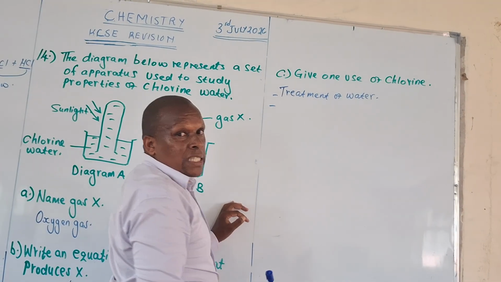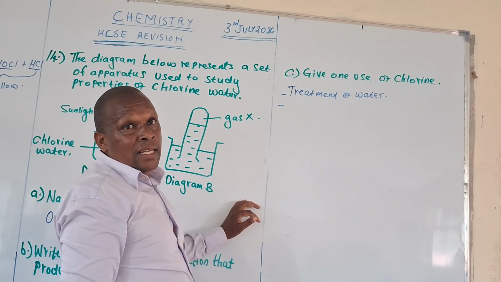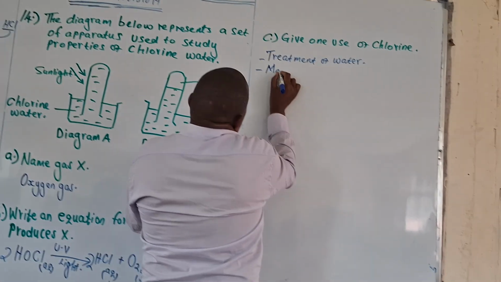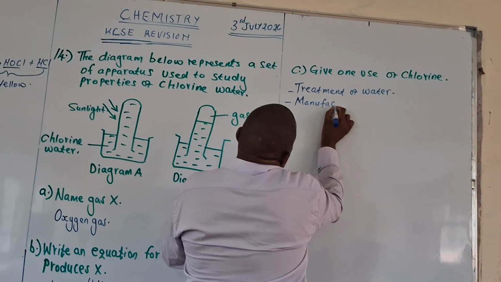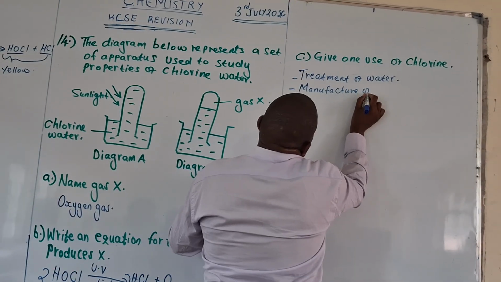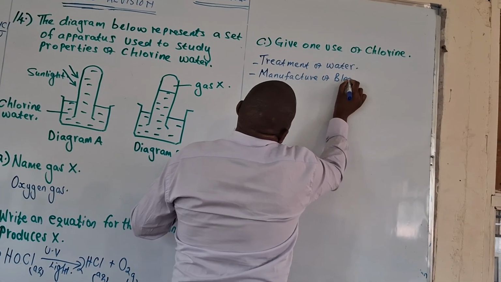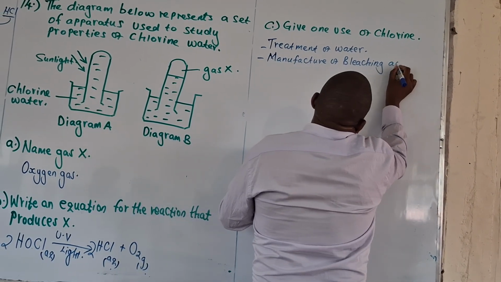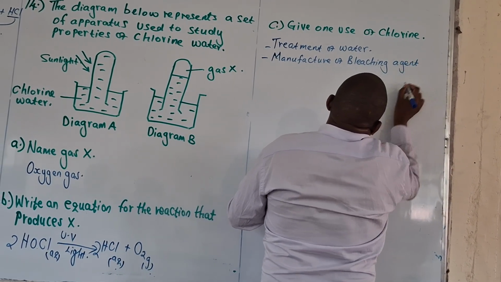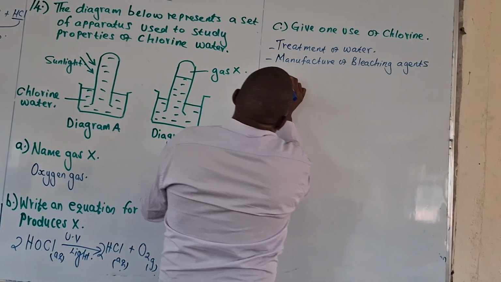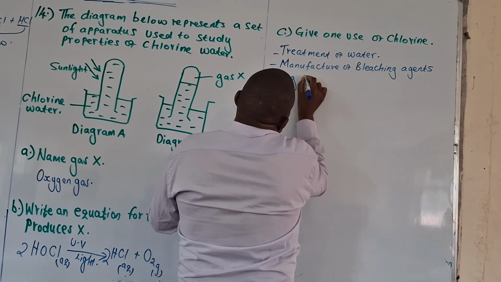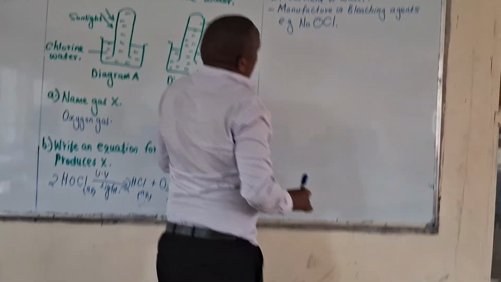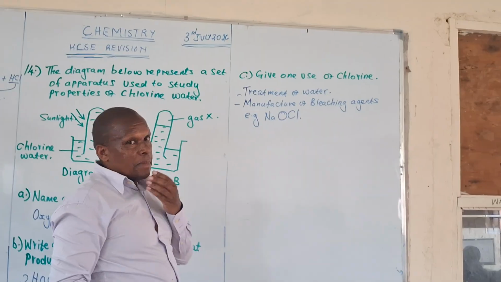Another one is manufacture of bleaching agents, e.g. that one, that's a bleaching agent.